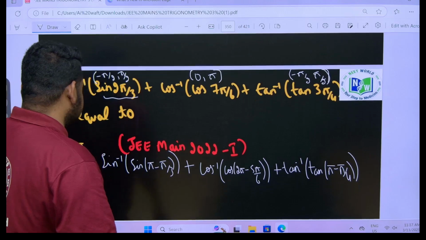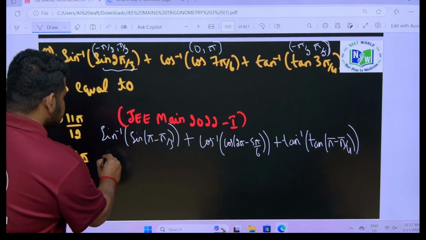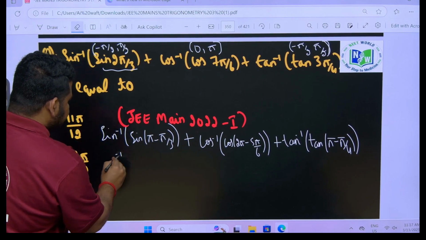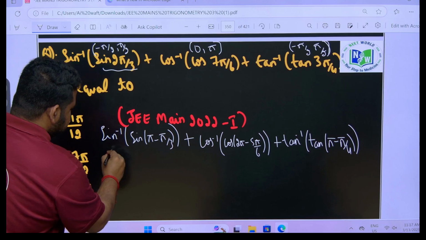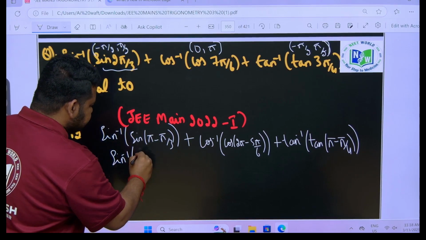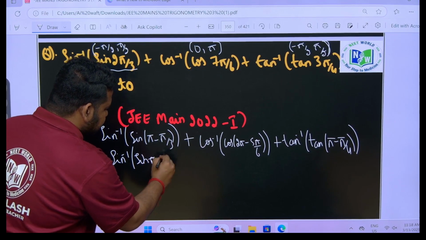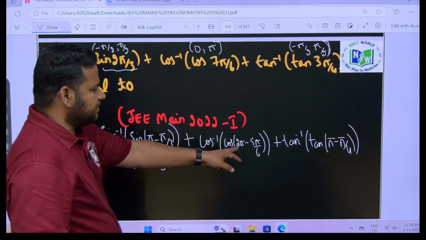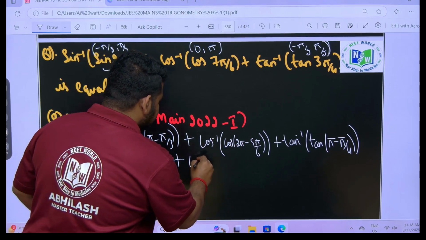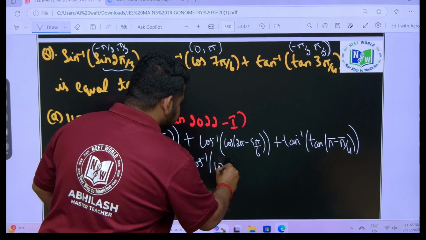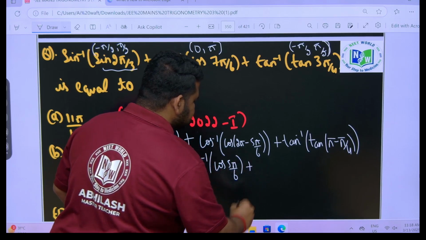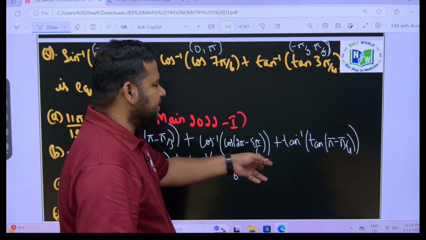Now let us have a look at this. Sin inverse of sin of pi minus pi by 3 is sin inverse of sin pi by 3. Got it? Plus cos inverse of cos of 2 pi minus 5 pi by 6 is cos inverse of cos 5 pi by 6. Now plus tan inverse of tan of pi minus pi by 4.